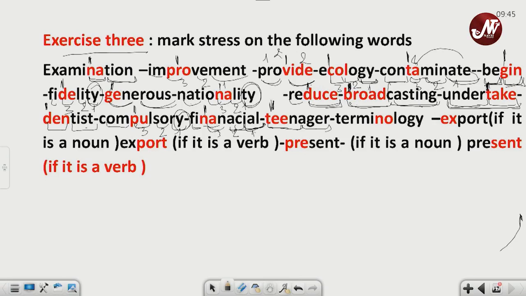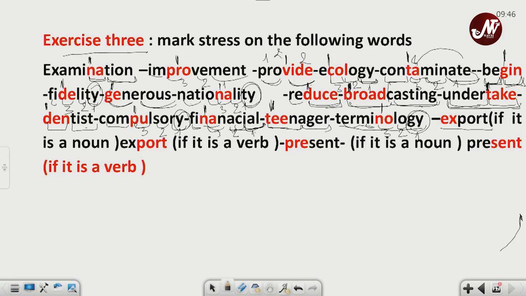We stress on the first word. Then we have terminology. Terminology, it ends with -gy. It means also it's an anti-penultimate stress. Terminology. One syllable, two syllables. The third one, we stress on it, anti-penultimate stress.